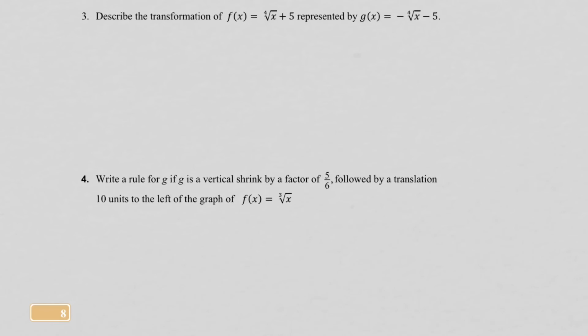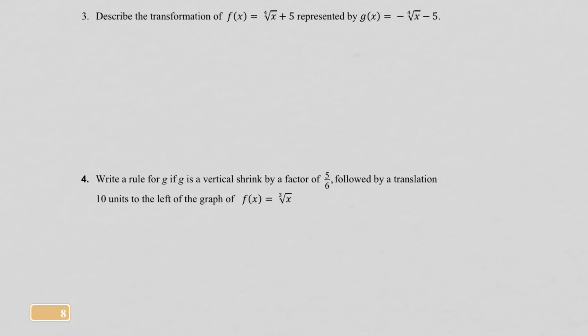Let's look at this. So describe the transformation of f of x equals the 4th root of x plus 5, represented by g of x equals negative 4th root of x minus 5.